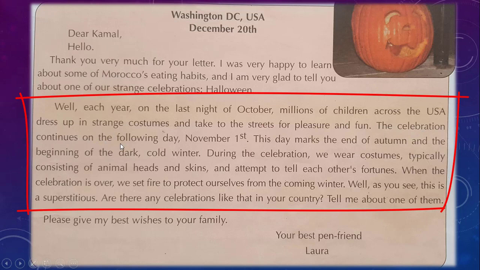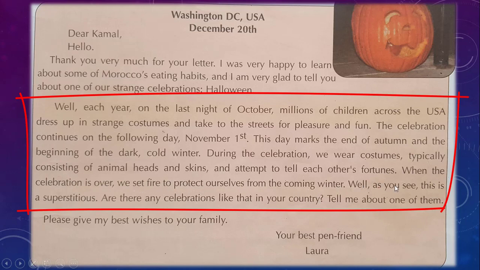The celebration continues on the following day, November the 1st. This day marks the end of autumn and the beginning of the dark, cold winter. During the celebration, we wear costumes typically consisting of animal heads and skins, and attempt to tell each other's fortunes. When the celebration is over, we set fire to protect ourselves from the coming winter.